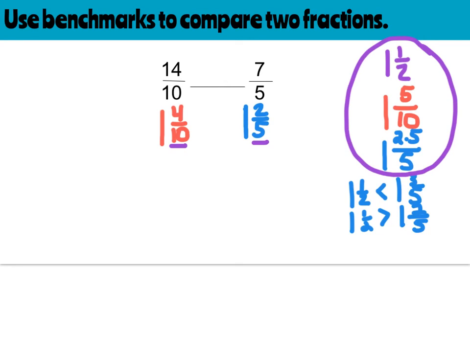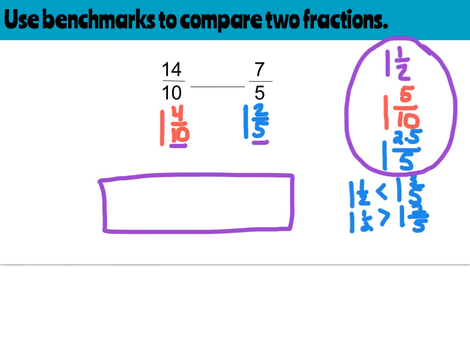If I can't reason through it with benchmarks, I might have to draw some sort of model to be able to prove this. Let me start by drawing 2 fifths. Now, I see that I can decompose my fifths into tenths.